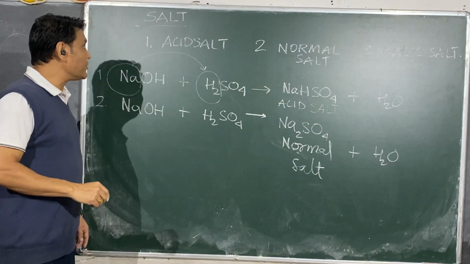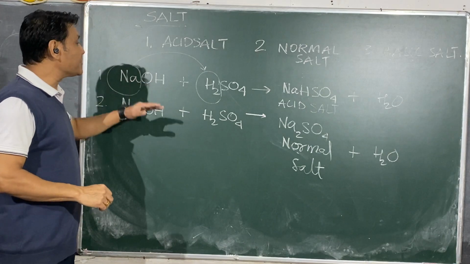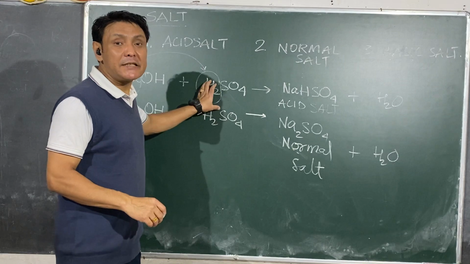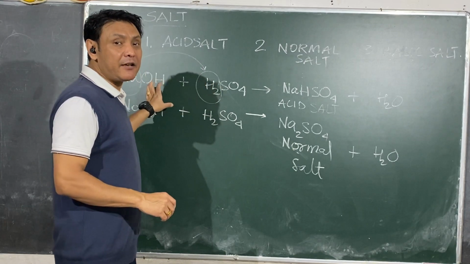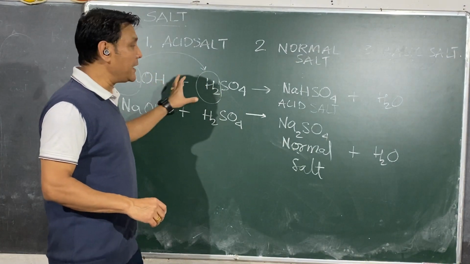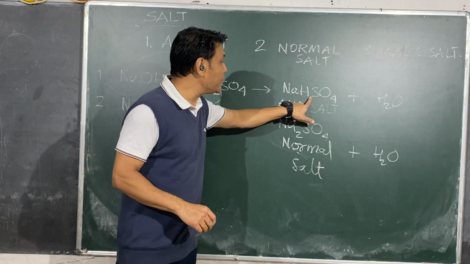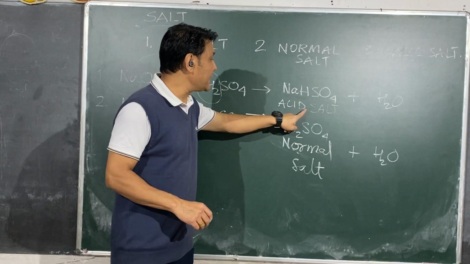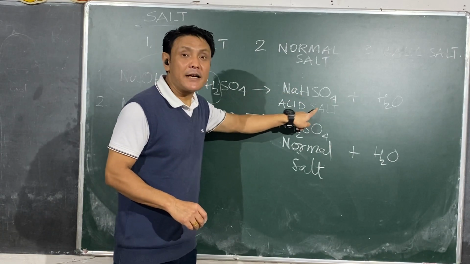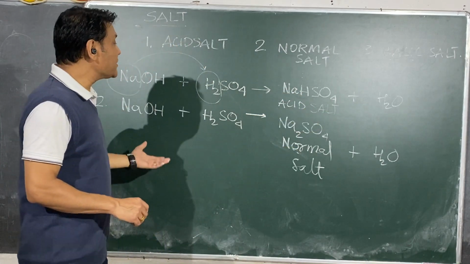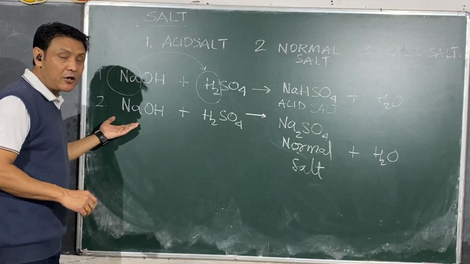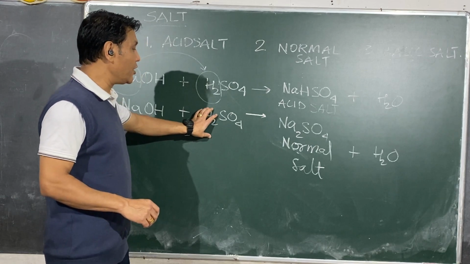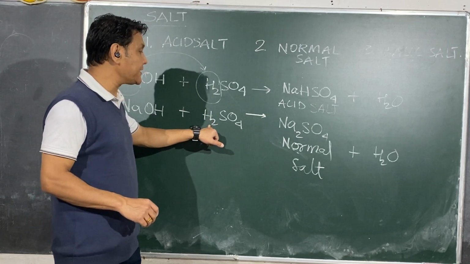Salt and water. Is it okay? Is it understood? So what is an acid salt? An acid salt is a salt which is formed by the partial replacement of replaceable hydrogen ion by a basic radical, ammonium ion or a metallic ion. That means one hydrogen ion or two hydrogen ions of the acid will be present in the salt. So therefore it is known as acid salt. Whereas, what is a normal salt? A normal salt is a salt which is formed by the complete replacement of hydrogen ions of the acid by the metal.